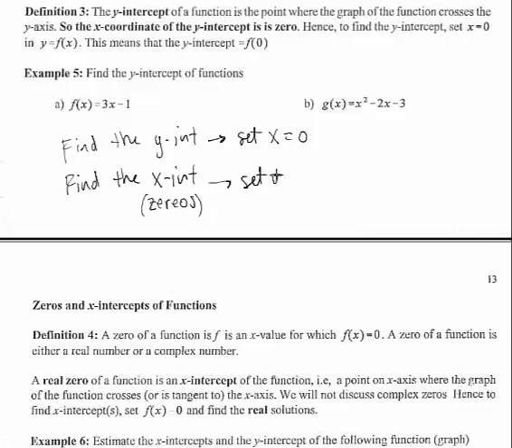We set y equal to 0, and this one's a little more difficult because we have to actually solve an equation. Whereas if we put in 0 for x, we're just simply calculating or evaluating an expression. Okay, so example 5 just simply wants us to do this first one, find the y-intercepts.